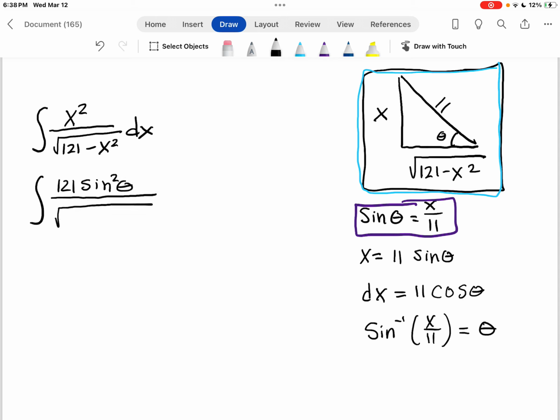In the denominator, I'm going to have 121, and then when I substitute sine theta in for the x and square it, just like I did on the top, I'm going to get minus 121 sine squared theta. We still have this dx that we need to replace, and we found that down here. dx is 11 cosine theta, so that's what I'm going to replace dx with.